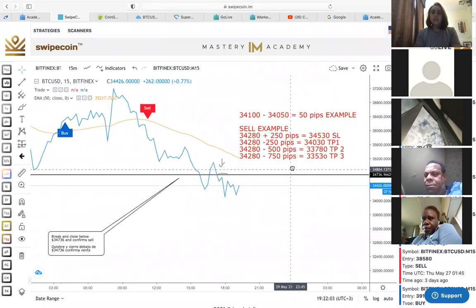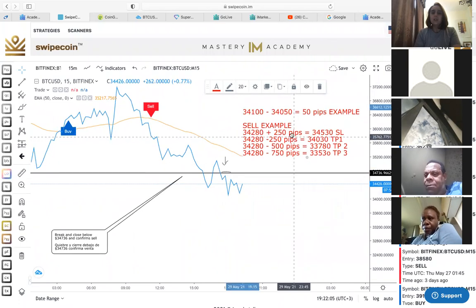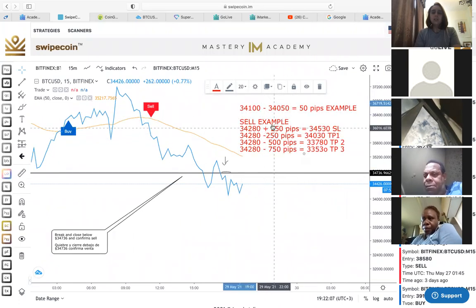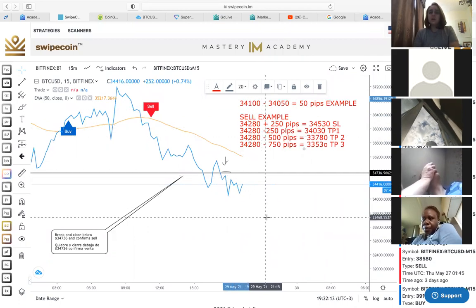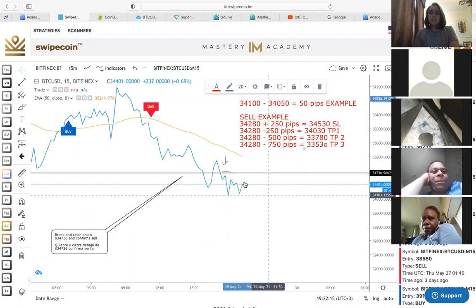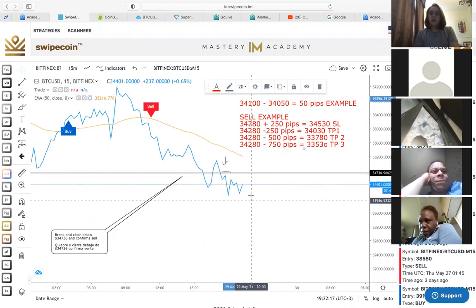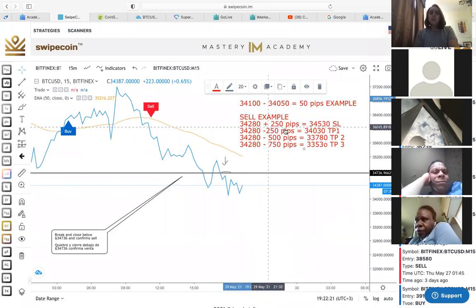Now, you can see, so if our entry was 34,280, which is actually pulled up now, so it wouldn't be that low down. But if it was 34,280, then we would do plus 250 for our stop loss, right?